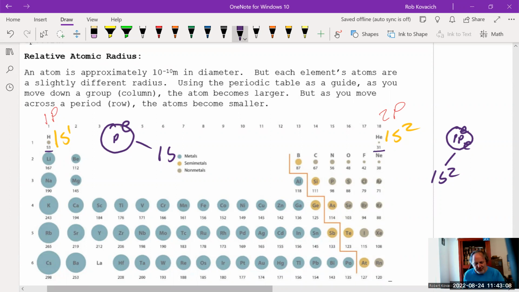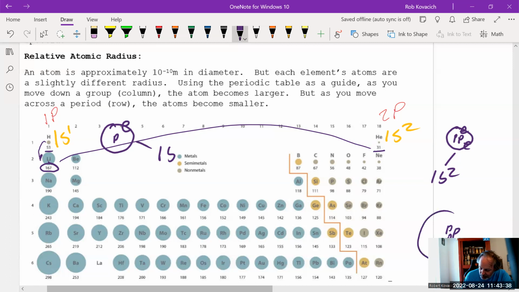Okay, so what happens with the lithium? It gets much bigger. I go from 31 to 167. I think it's obvious why the hydrogen is smaller than the lithium. It's got 3 electrons, and so it's considerably larger. But let's show its position around the atom. So there's my lithium, 3 protons.